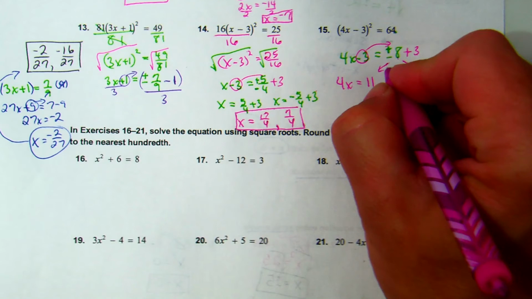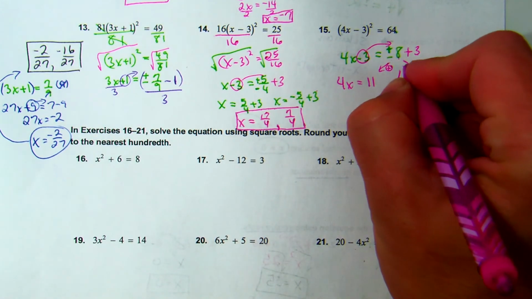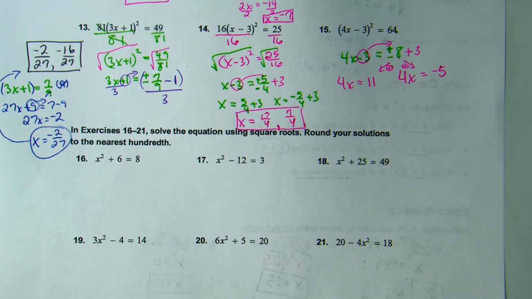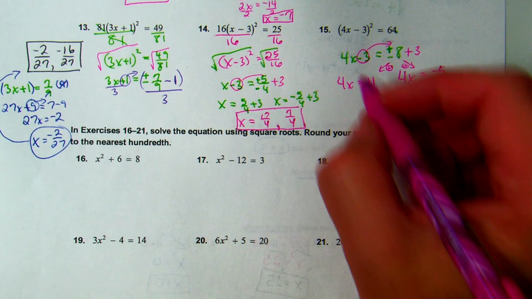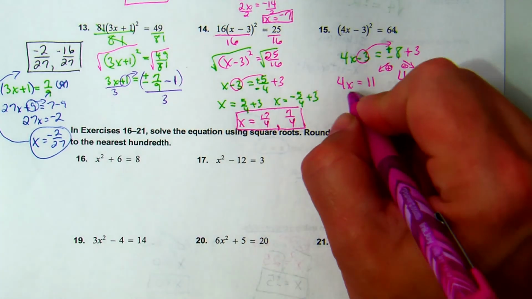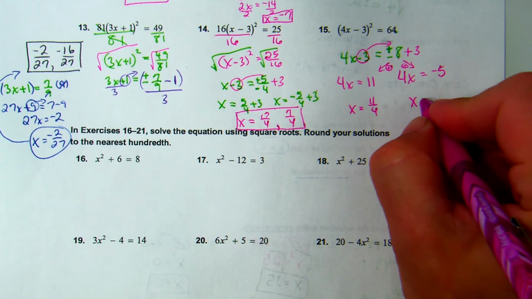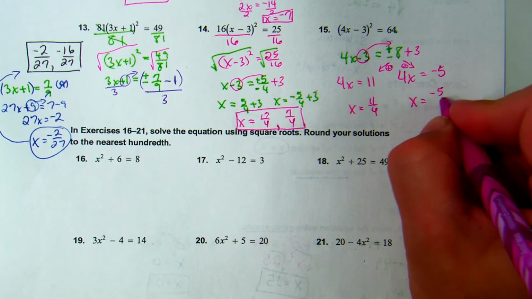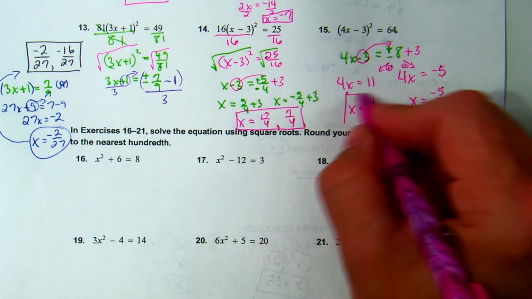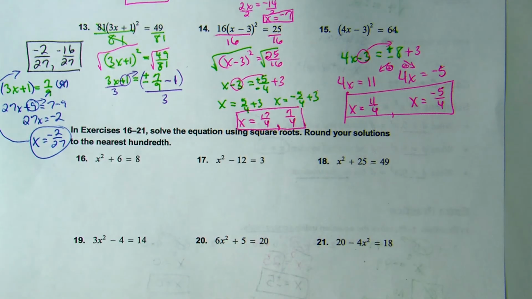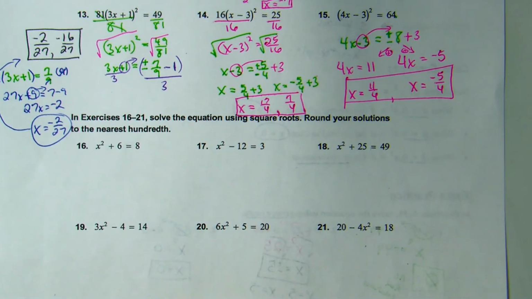Might even write that in here. That's the positive version, that's the negative version of the 8. Then I just divide by 4 on both of these, and I have my answer. So x equals 11 divided by 4, or x equals negative 5 divided by 4. And those will be my two answers or solutions for number 15.